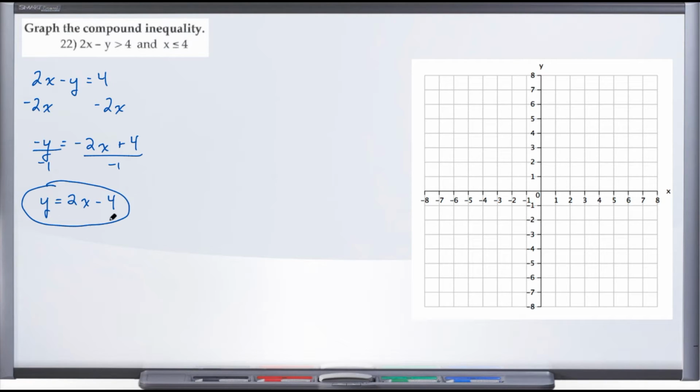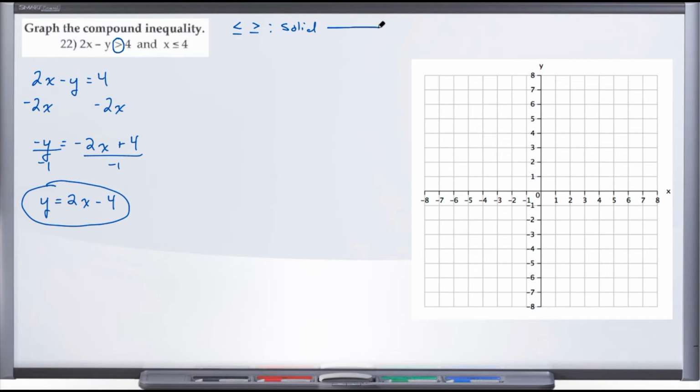So we know how to graph this line, don't we? But before we graph it, let's go back to the original inequality and see whether we were dealing with a greater than or less than, or a greater than or equal to, or less than or equal to. You'll recall that when it's less than or equal to, or greater than or equal to, we have to use a solid line.